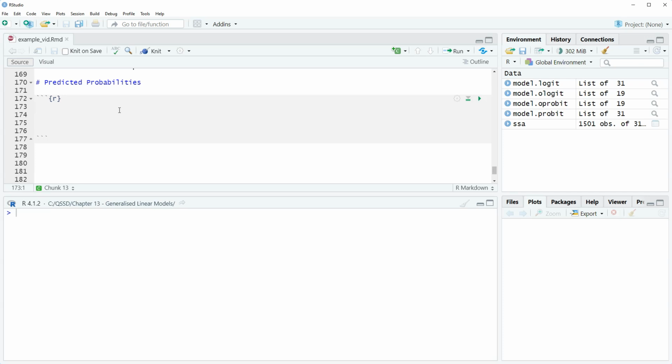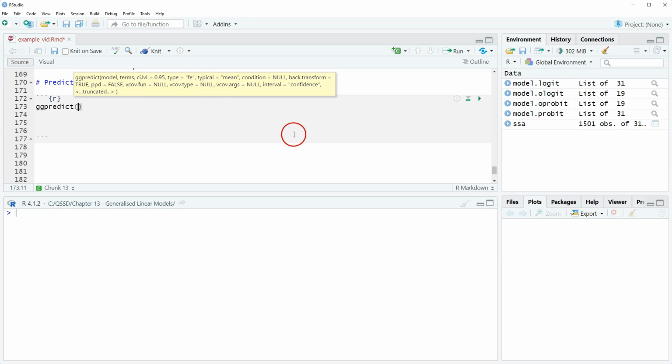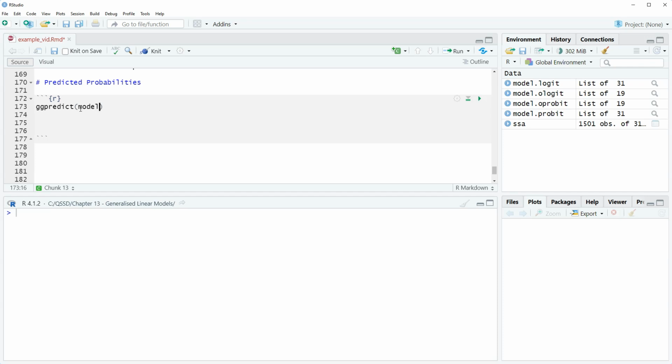Okay, so we're going to use the ggpredict function that we had used before, and we include that. Within the ggpredict function, we're going to do model.ologit, and then we're going to do terms equals ref vote.